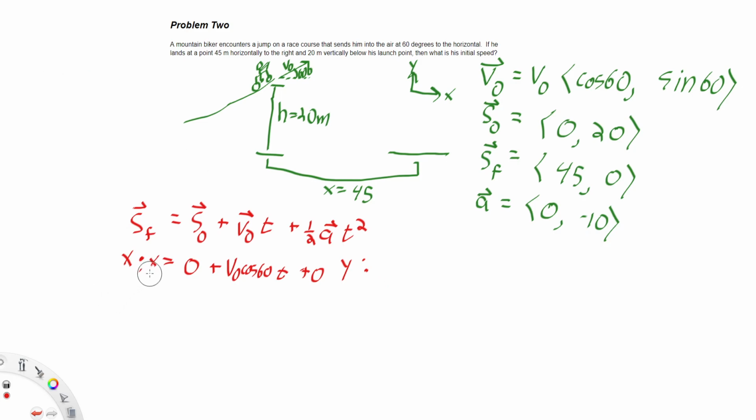I also forgot to mention, we also know our final x position over here. So in the x direction, our final x position is going to be 45. In the y direction, our final position is going to be 0. Our initial position is going to be 20. Our initial velocity is v naught sine theta, or sine 60, sorry.